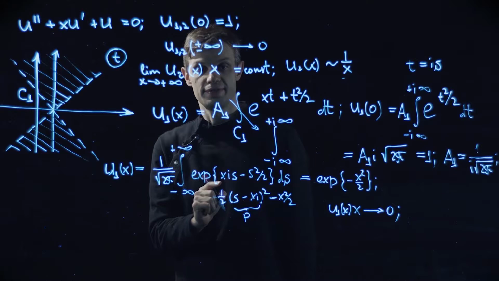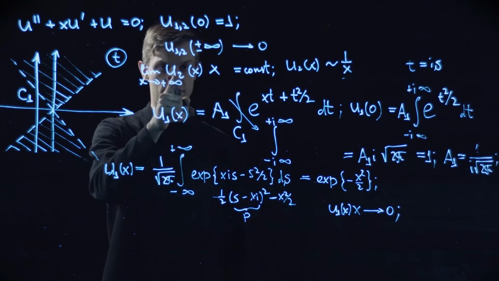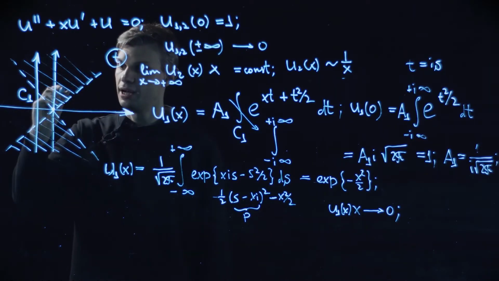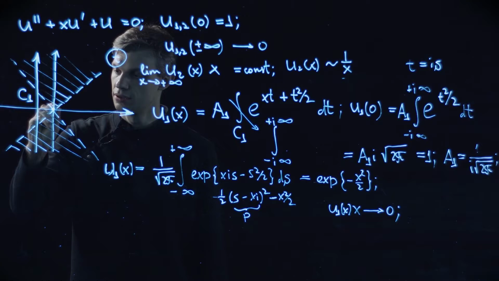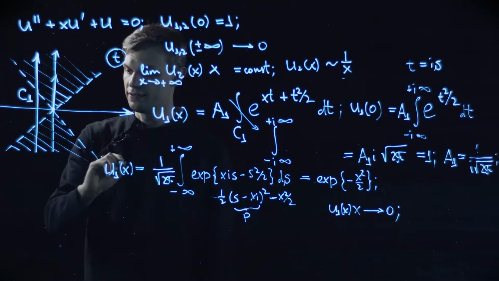All right, let's figure out if we have some more luck with another solution, u2, which is defined, as you remember, by a simple half of this contour. The contour goes from 0 to plus i infinity.